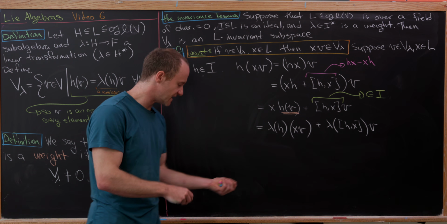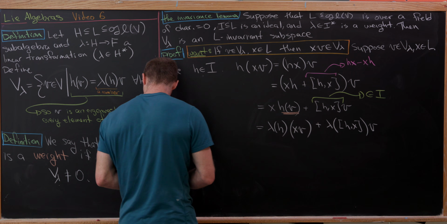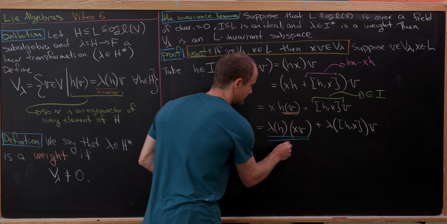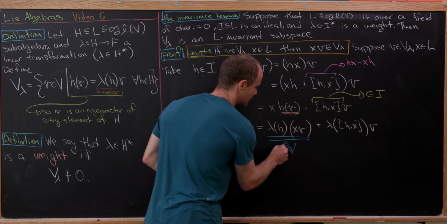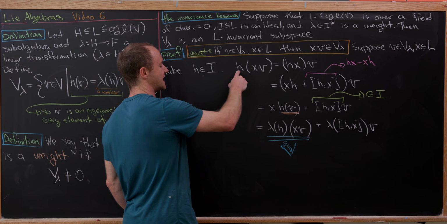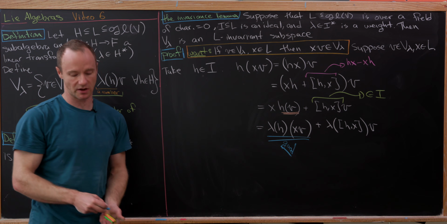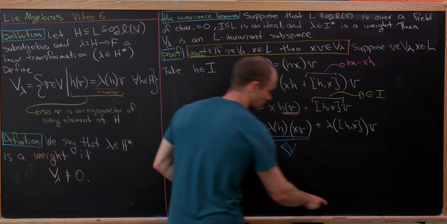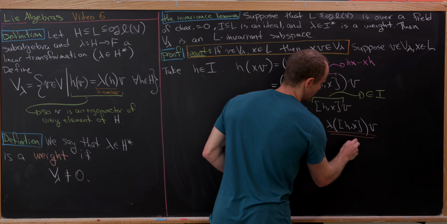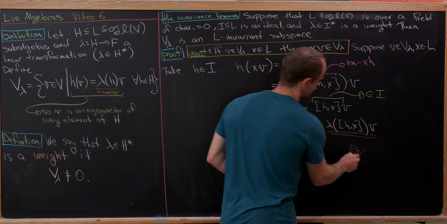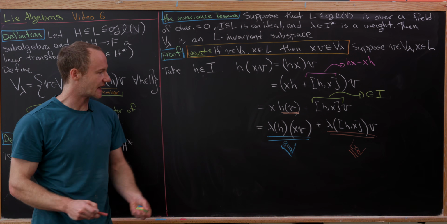Okay, so let's note that this term right here is what I'll call good. So this term right here is good because we started with an h on the left and we've got a lambda h on the left. This term over here is maybe what I'll call bad. It's not really bad, we just need to take care of it.